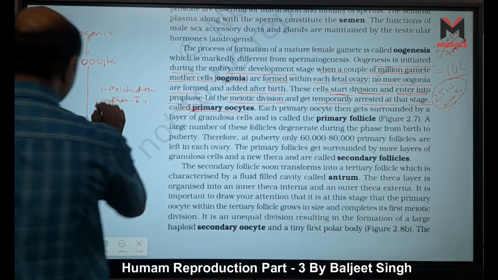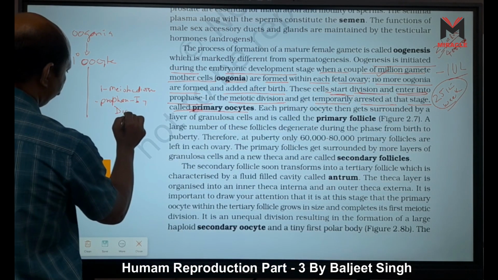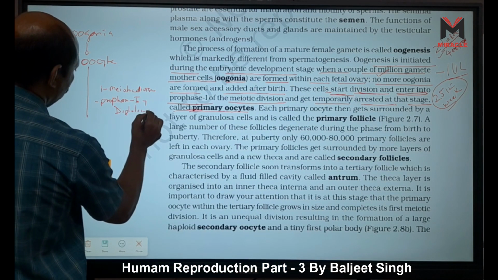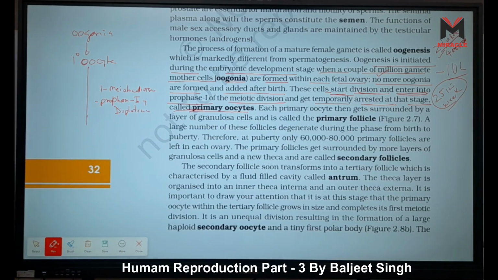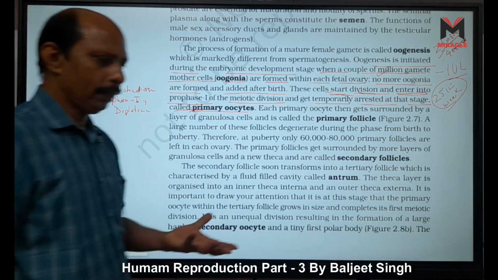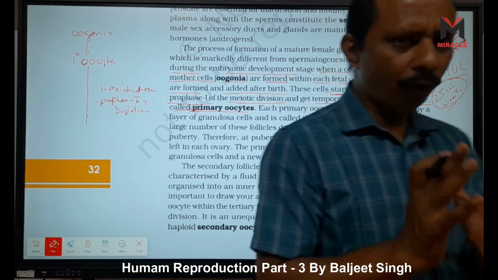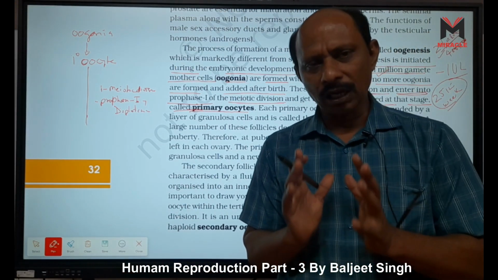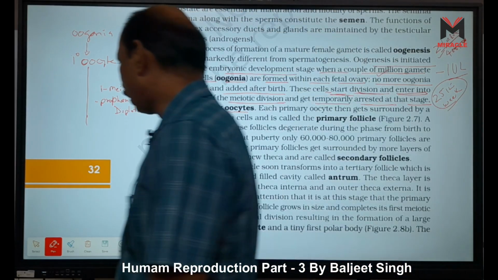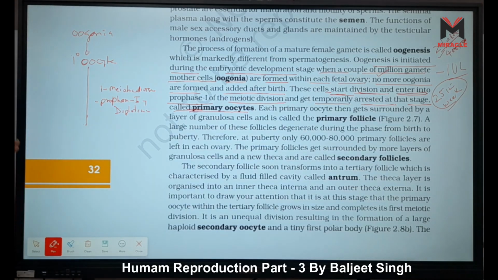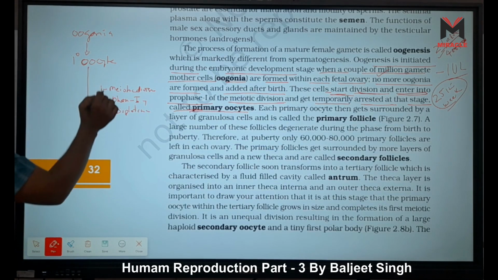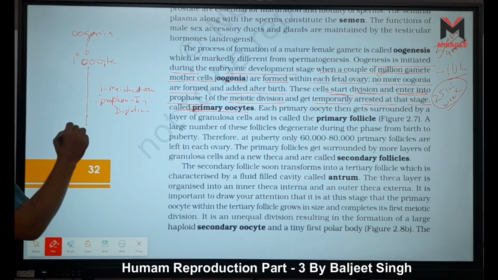It is arrested in diplotene stage, right? Then at the time of puberty, what happens? Follicle cells are formed. Follicles are formed, right? So when the Graafian follicle is formed in tertiary follicle, what happens? This first meiotic division is completed in tertiary or Graafian follicle.